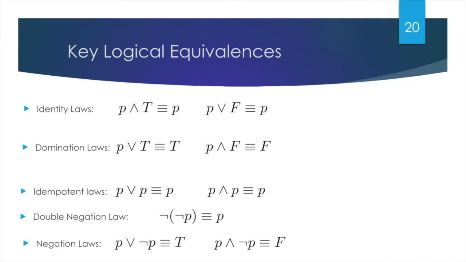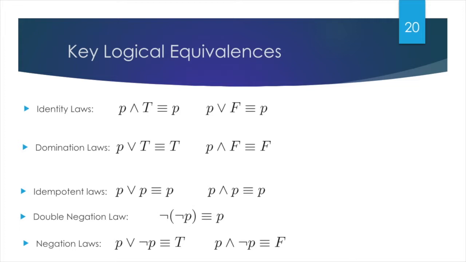Now when you mix P with an AND gate with a contradiction, the outcome of this mix will always be a contradiction, because the AND operator needs two true values in order for the outcome to be true.